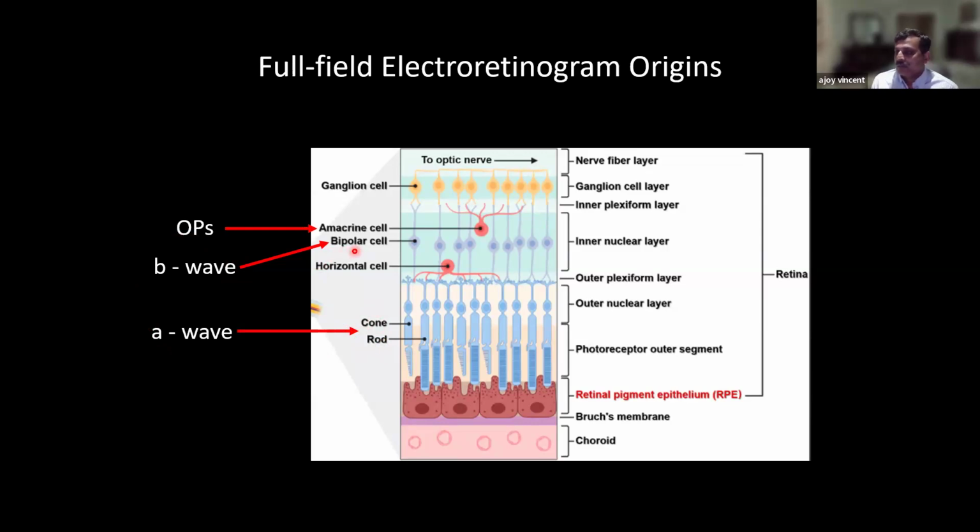When the eye is dark adapted, the B wave comes from the rod on bipolar cells, because the rods only have an on bipolar system. When the eye is light adapted, the B wave comes from both on and off bipolar cells of the cones. And there is a small component of the ERG, called oscillatory potentials or OPs, which come from the amacrine cells.